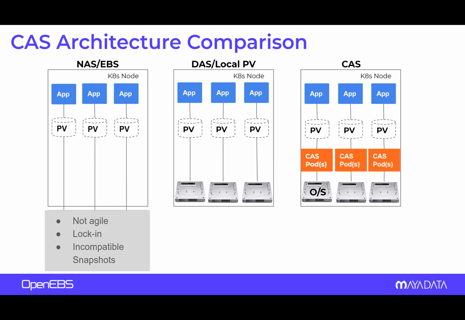And separately, EBS and cloud storage has its own issues that everyone is aware of. The other option available is direct attached storage and hostPath or local PV. With this approach, you get some level of agility, but you don't get storage high availability or snapshots and clones in Kubernetes.